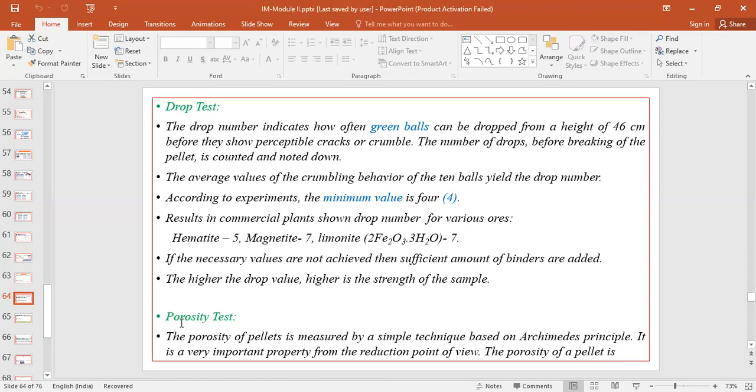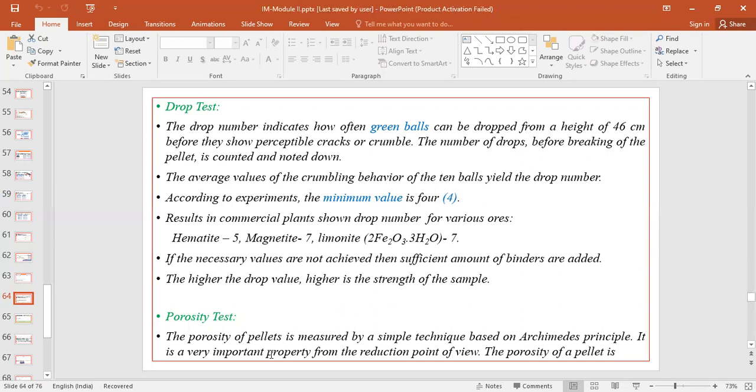Then the next thing is the porosity. This basically works on Archimedes principle. The porosity of the pellets is very important, because if you see the sinters as well as pellets, the agglomerates, in sinters we can see the porosity with the naked eye, but in pellets they are micropores, we cannot see with our naked eye.